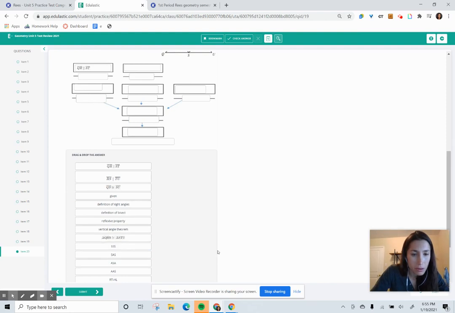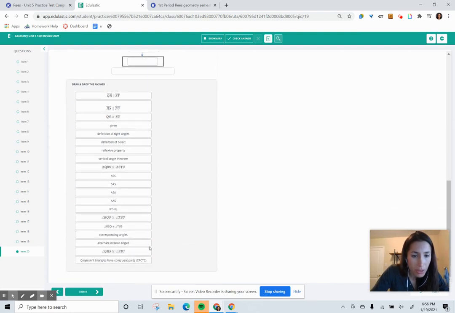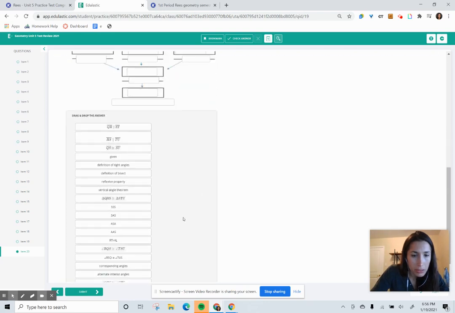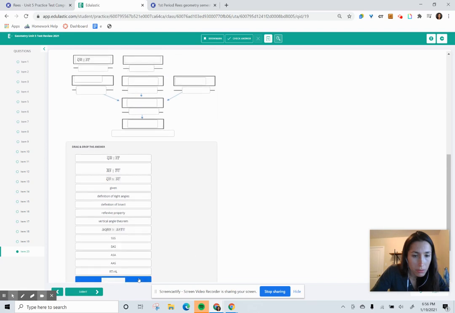So we're looking for the angles RQS. RQS is congruent to TSU.